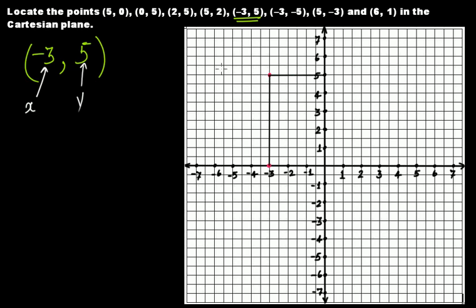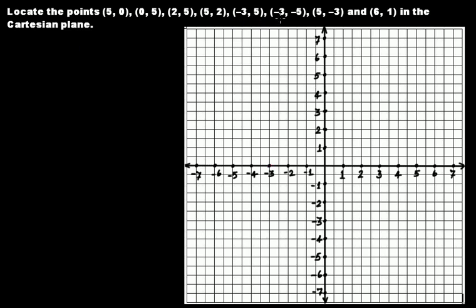This is (-3, 5). Now if you notice, this point is of the form negative, positive, and therefore it is coming in the second quadrant, minus and positive.